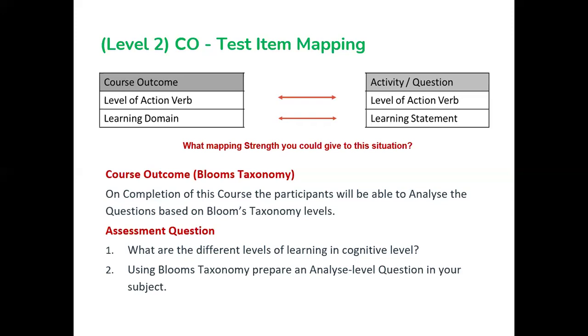Level of the question here is 3, so 3 divided by 4, level of CO, 3 by 4 into 100. So 75, no? 75. And we have designed different intervals, from 71 to 100, it is 3. So here you can give mapping strength 3 also. Okay, that will not make much difference.